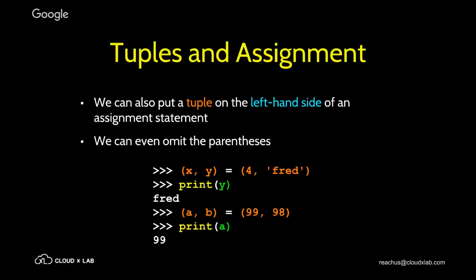Also, you can pass a tuple as an argument to a function and be sure that the tuple will not be modified by that function. In the case of an array, if you passed an array to a function, that function might tamper with your array, but not with tuples.